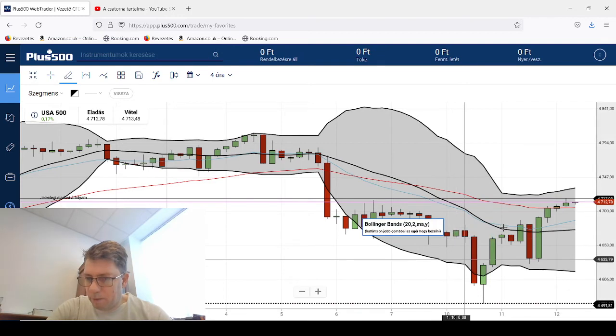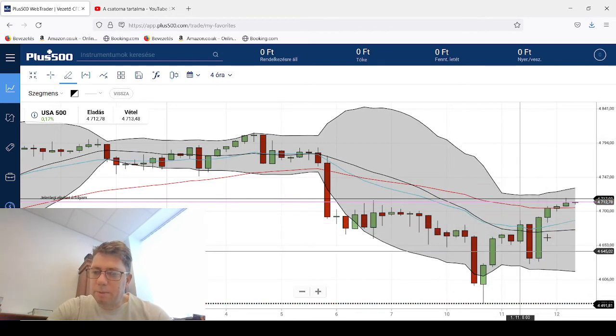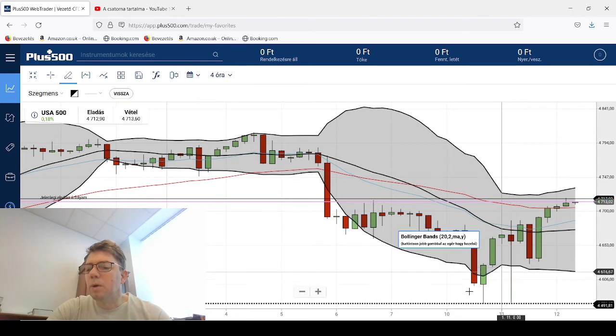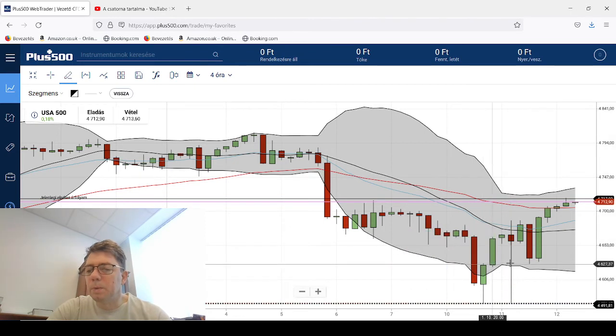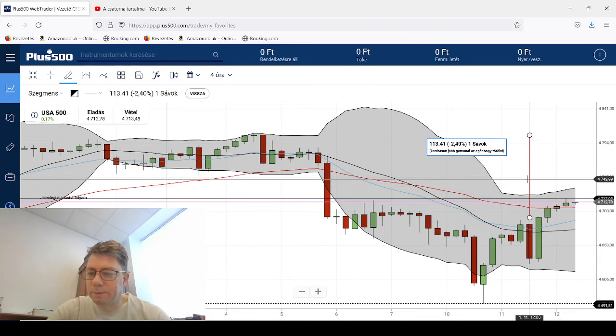So here, 1, 2, W pattern, and the second part is higher than the first part. That's very good, because it already says that we turned into a bullish trend, at least on the 4-hour chart, because we have a low and a higher low, and now we need a higher high as well.